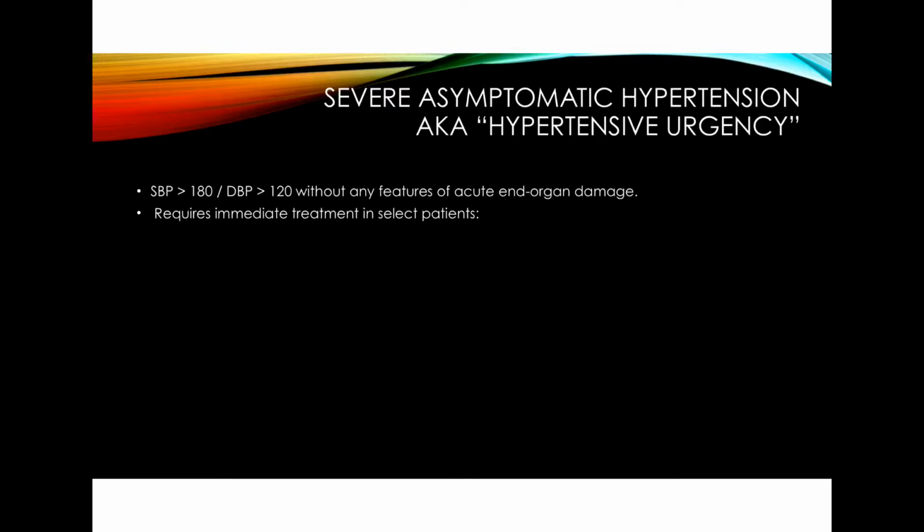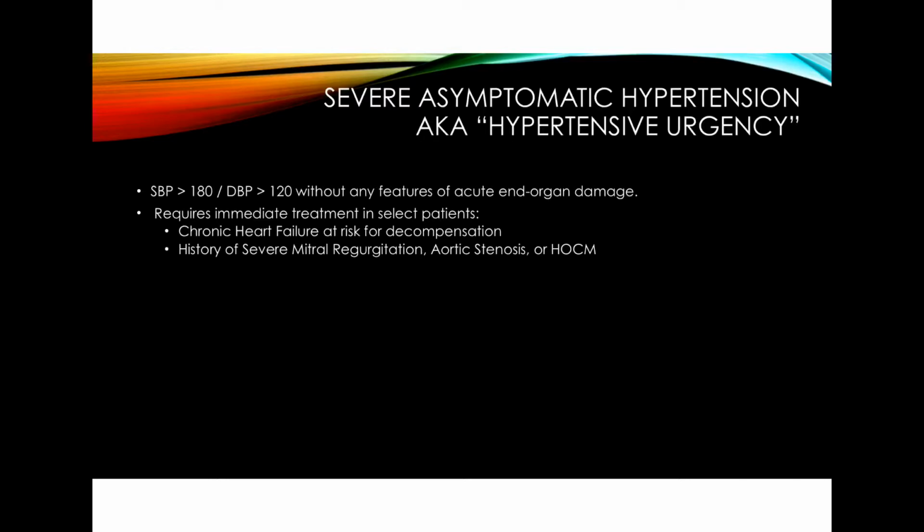But in certain patients, you may want to consider trying to lower their blood pressure more quickly. These are the patients with chronic heart failure and at high risk for decompensation, because the increased afterload caused by the hypertension might set them off into an exacerbation. Patients with a history of severe mitral regurgitation, aortic stenosis, or hypertrophic obstructive cardiomyopathy.